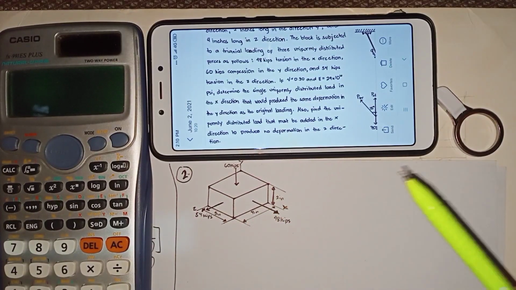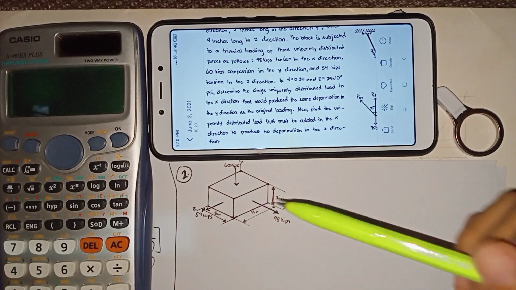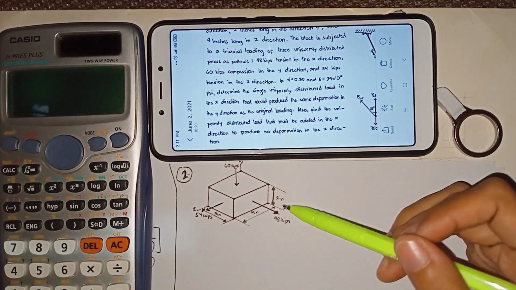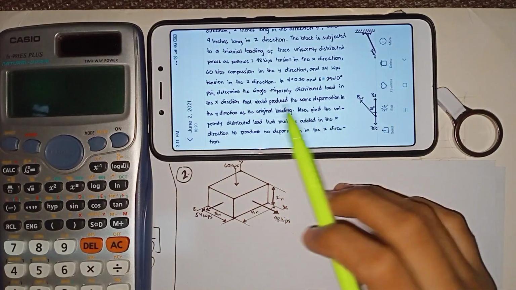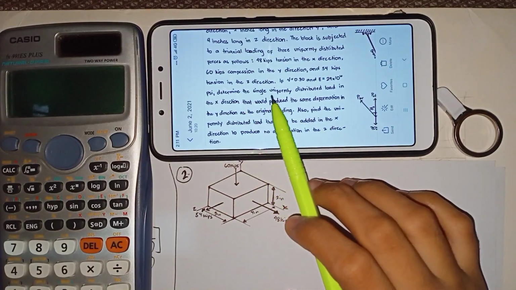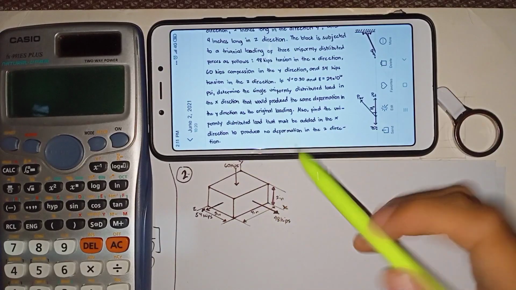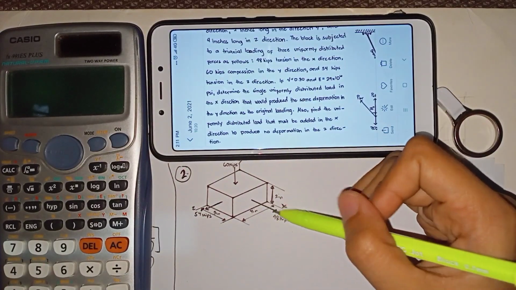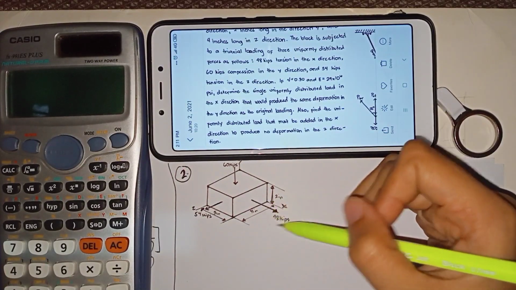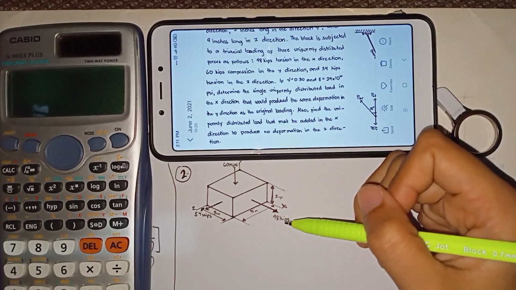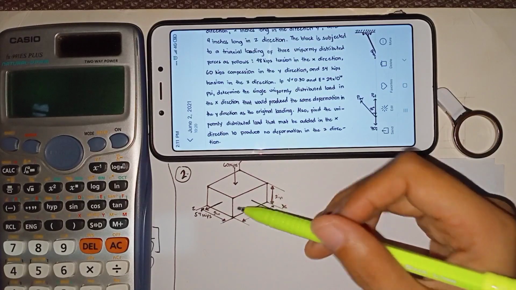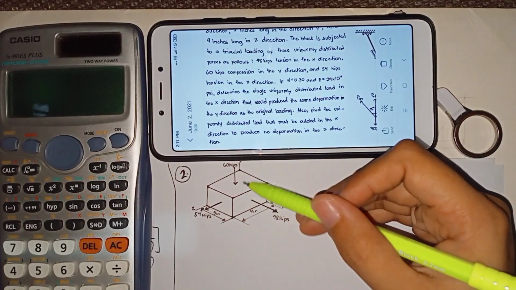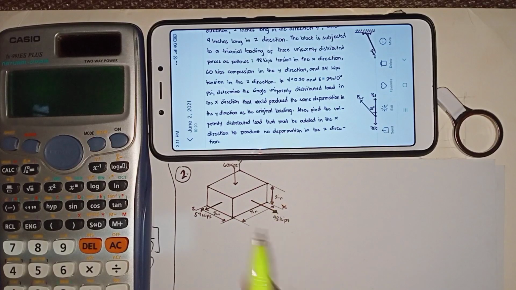Ang first daw is, hahanapin natin yung value dito kay x. Tama ba? Sabi dito, determine the single uniform distributed load in the x direction. So, itong direction dito, yung force dito, ano daw yung magiging value ng force niya, where ang magiging deformation ni y is the same sa kung ano yung magiging deformation ng present na mga forces.